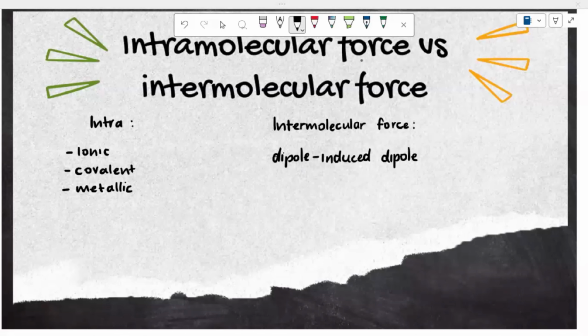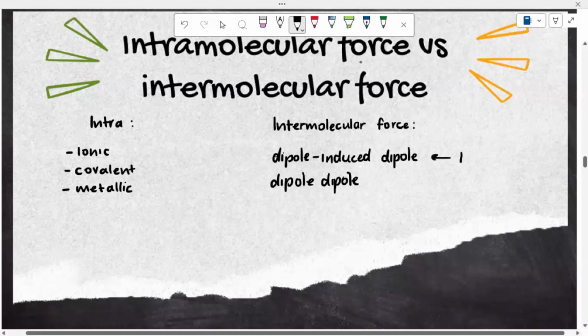You have dipole-dipole. And then we have London forces, which are our dispersion forces. Our London forces are dipole-induced dipole and hydrogen bonds. Okay, nice. Thank you to everyone that contributed there.